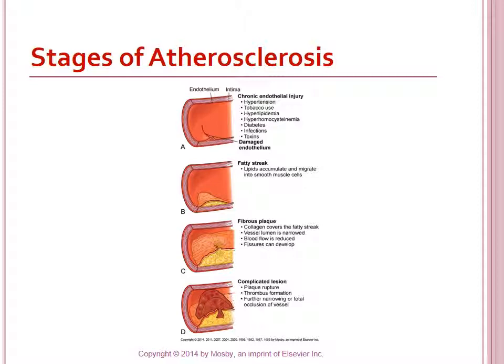Once the integrity of the artery's inner wall is compromised, platelets accumulate in large numbers, leading to a thrombus. The thrombus may adhere to the wall of the artery, leading to further narrowing or total occlusion of the artery. At this stage, the plaque is referred to as a complicated lesion.